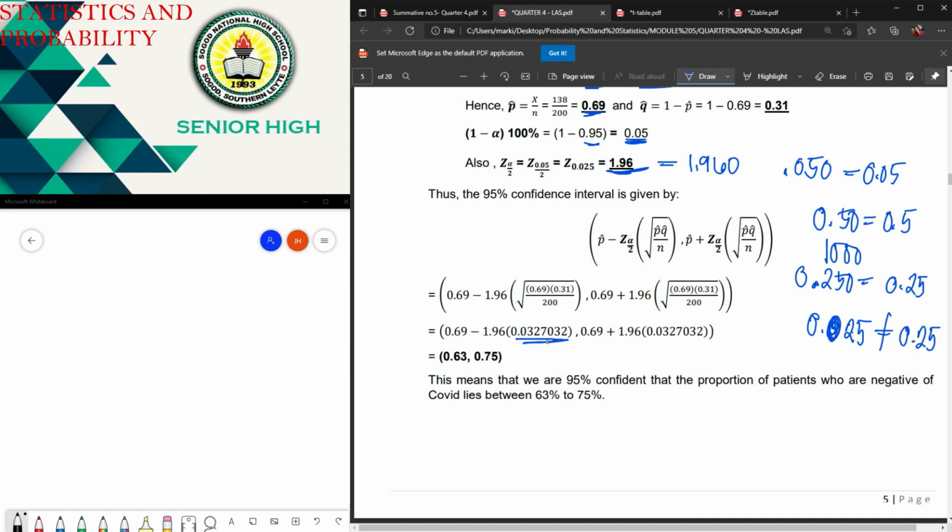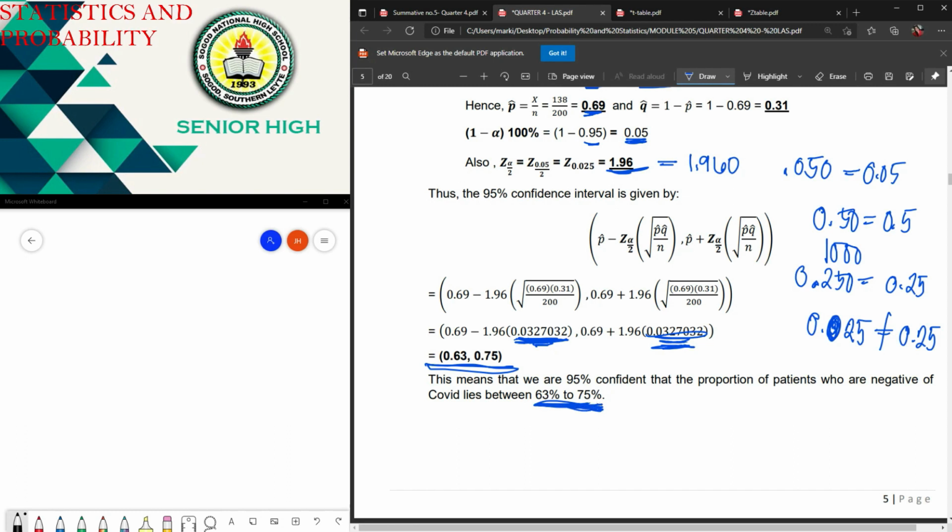Do not round yet if it is not yet the final answer. So we have now the final answer, 0.63 to 0.75. This means that we are 95% confident that the proportion of patients who are negative for COVID lies between 63% to 75%.